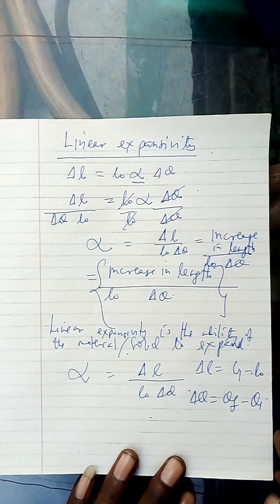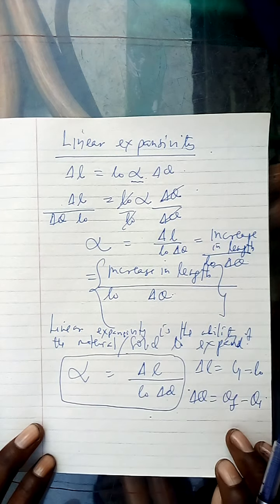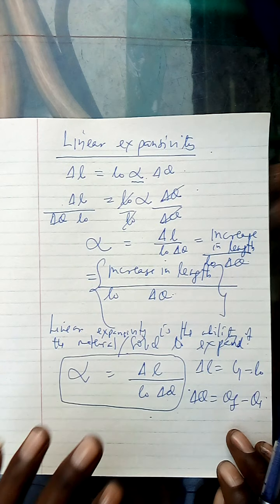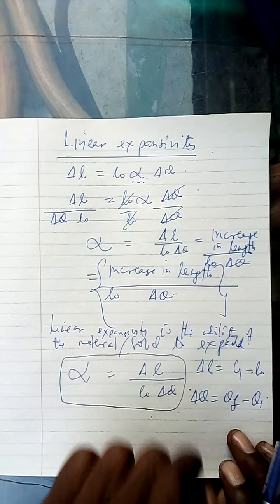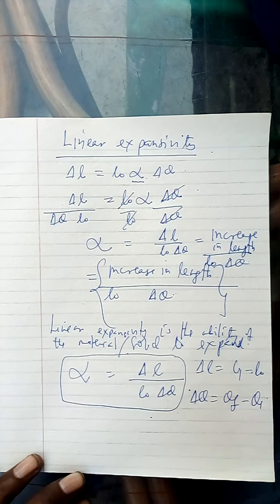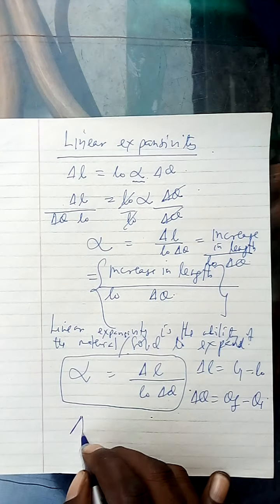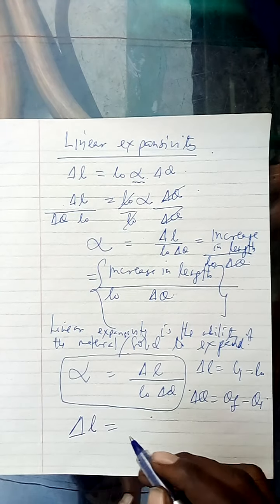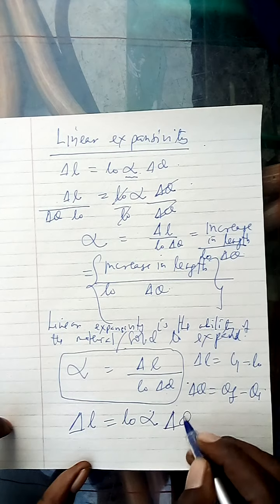Whenever somebody asks you to calculate the linear expansivity of a material, this is how we do it. The general formula, as I call it, is that the change in length is equal to the original length, times linear expansivity, times the change in temperature.